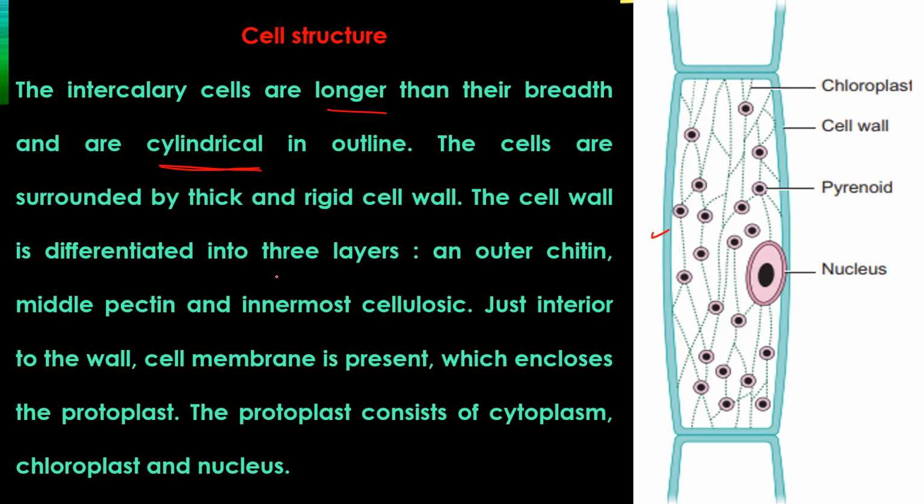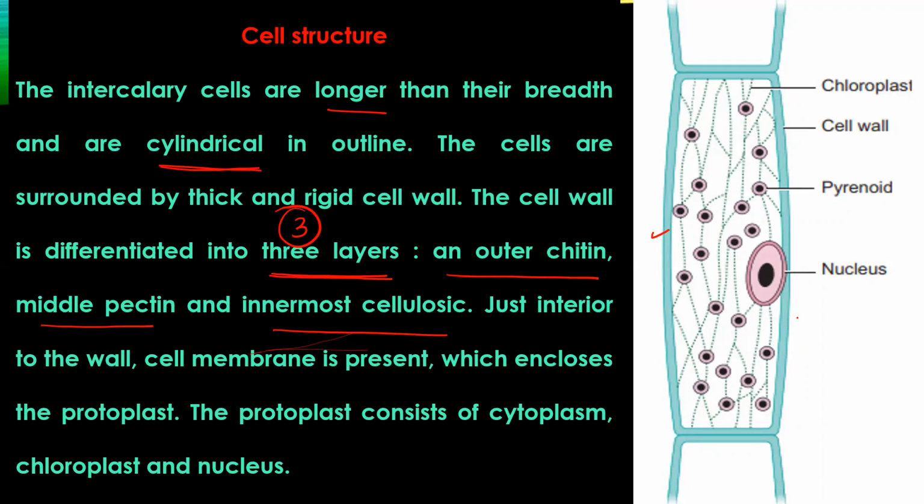The cell wall is differentiated into how many layers? 3 layers. An outer chitinous layer, that means the outer layer is made up of chitin. The middle layer is made up of pectin and the inner layer is made up of cellulose, right?